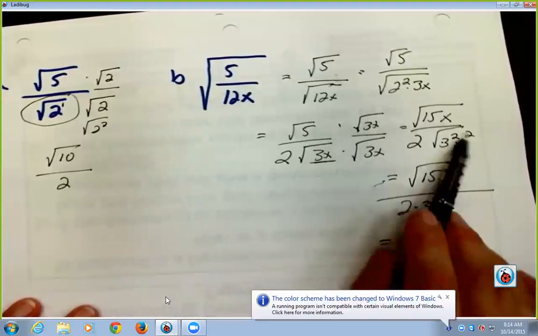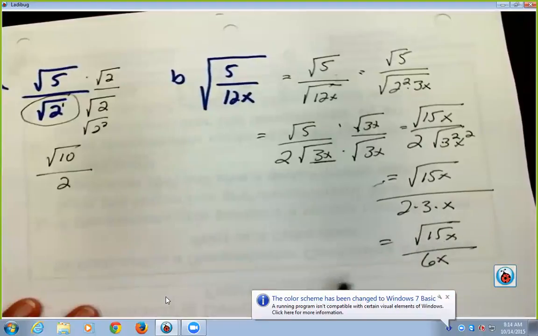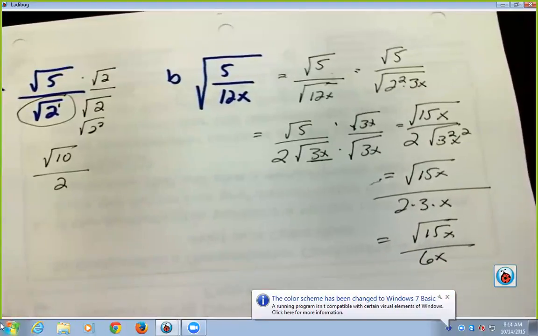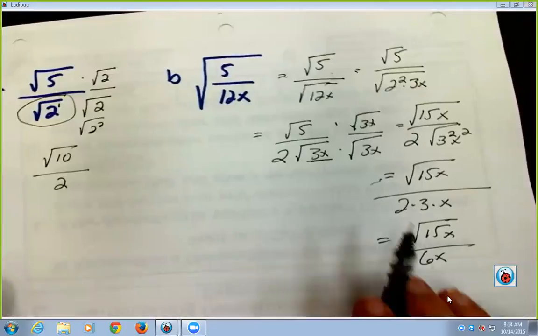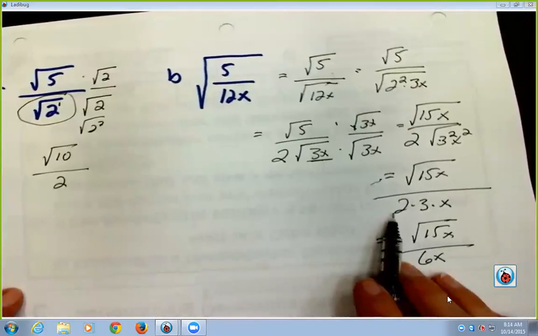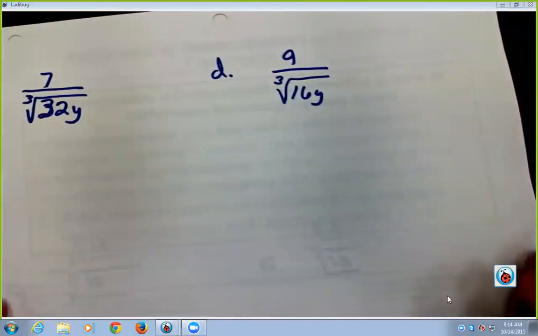So then I multiplied it all, simplified the bottom, and came up with my answer. And so that is what happens to those. So questions with this one and what we have to do to end up taking care of it.